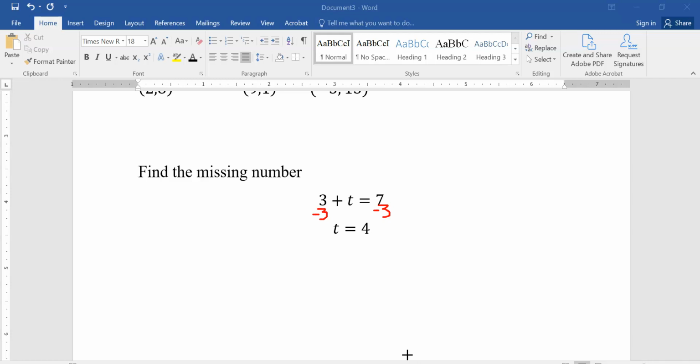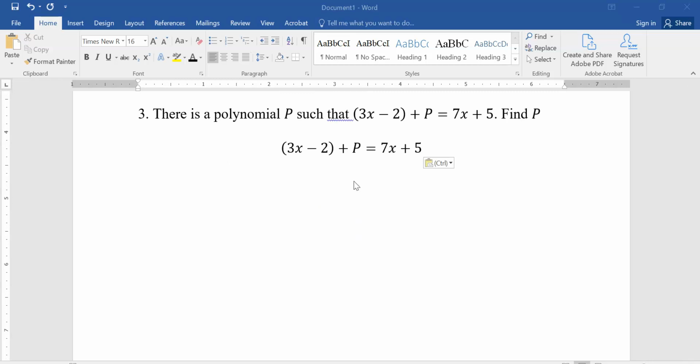All right. Well, we're going to do the same thing in terms of this problem here. We're going to say, well, what we really need to do is get rid of this 3x minus 2 on the left-hand side. And we're going to do it in one single step. We're going to subtract 3x from the left side.